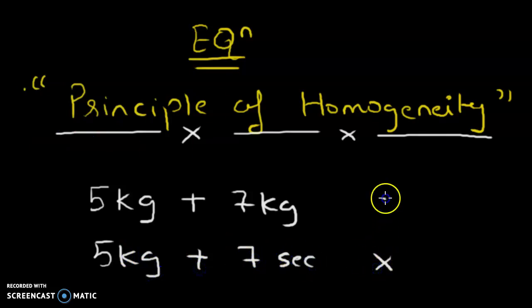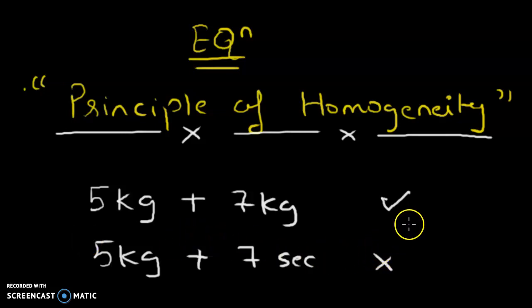You cannot add 5 kg plus 7 second. This doesn't make any sense. I'm not talking about division or multiplication. The operation we are concerned with is addition or subtraction. So we can only add or subtract among the same physical quantities.